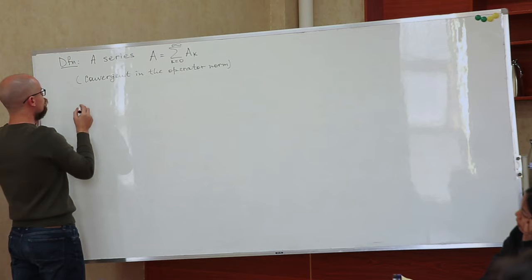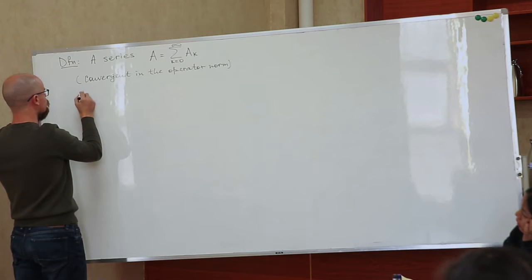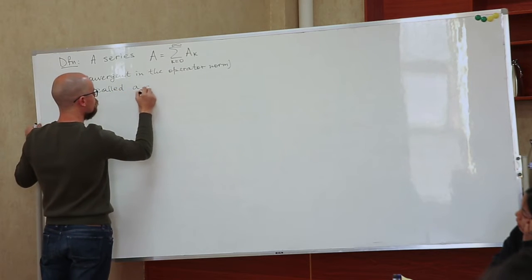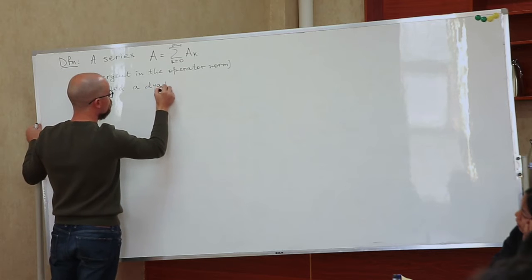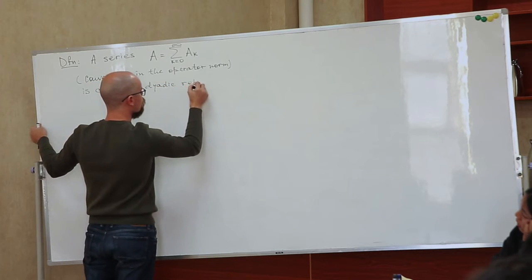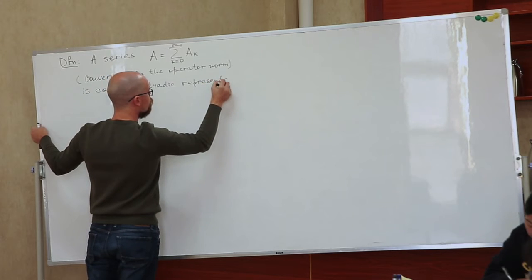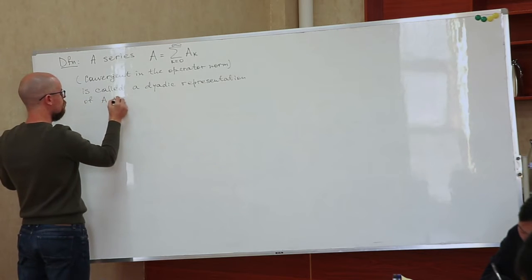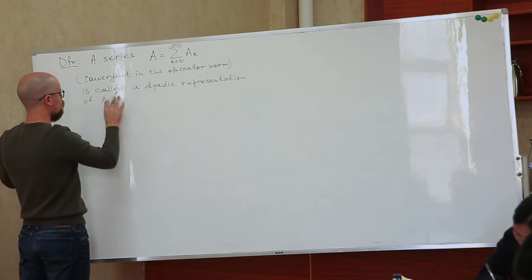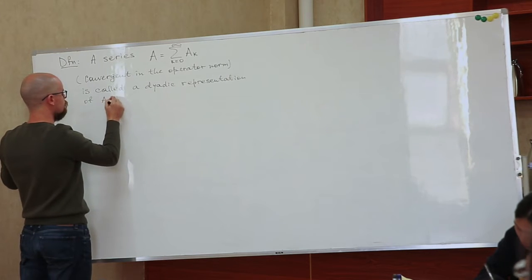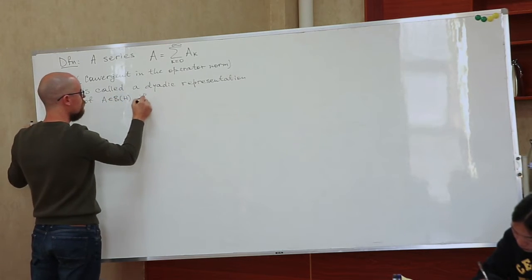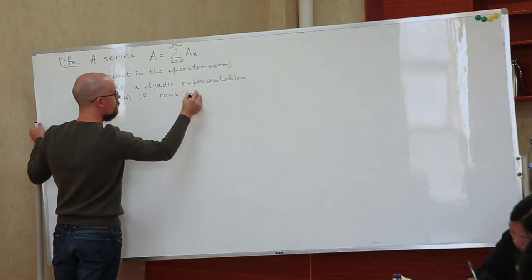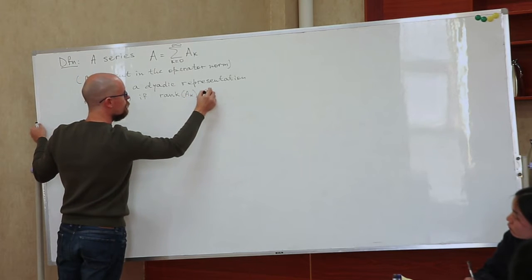So this series is called a dyadic representation of A if A is bounded and the rank of A_k is not greater than 2 to the power of k.